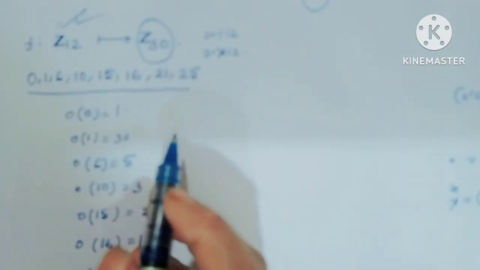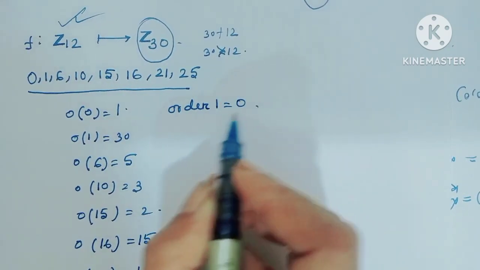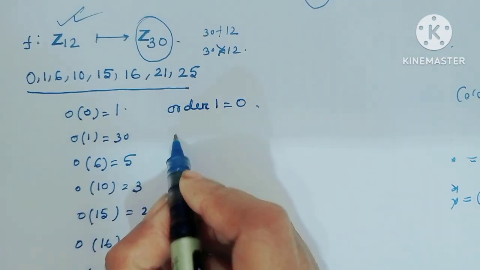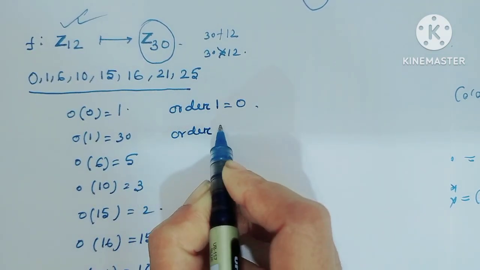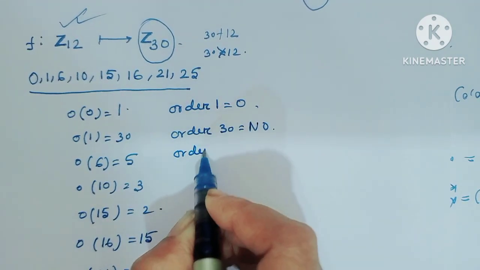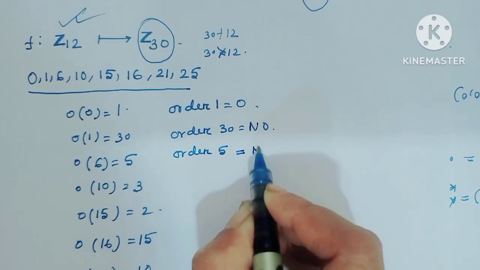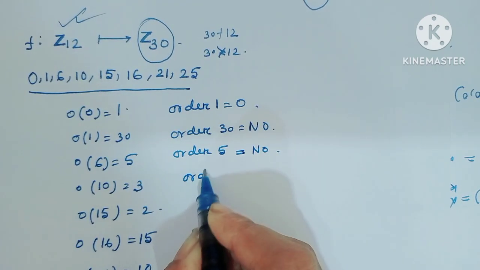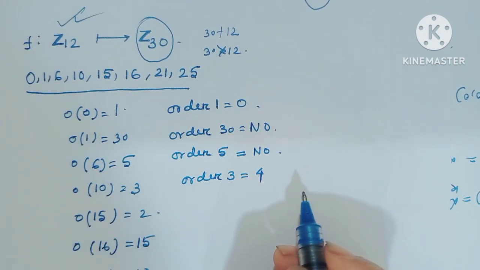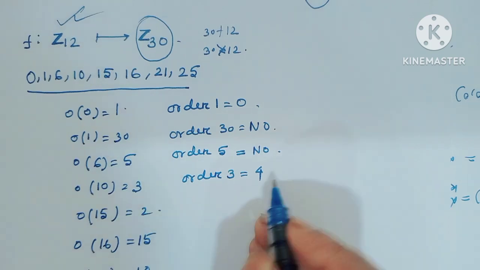Notice, order 1 is 0. There exists no element of order 30 in Z12. Order 5: there exists no element of order 5 in Z12. Order 3: yes, and the number of order 3 elements is 4.